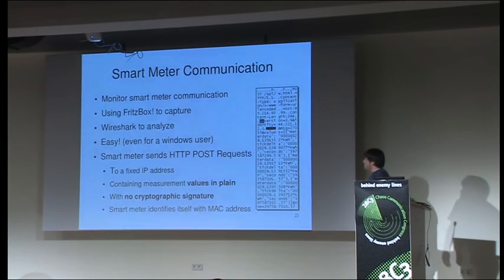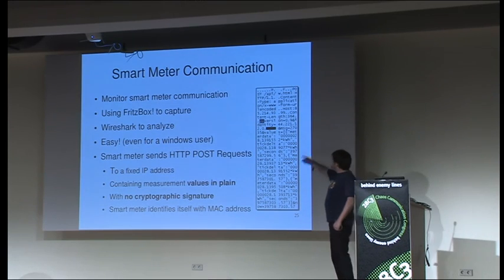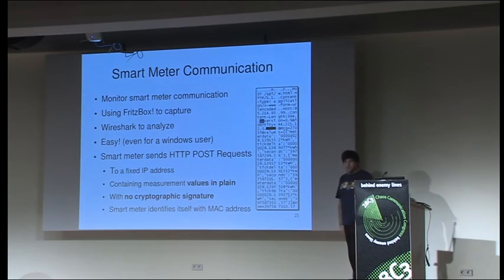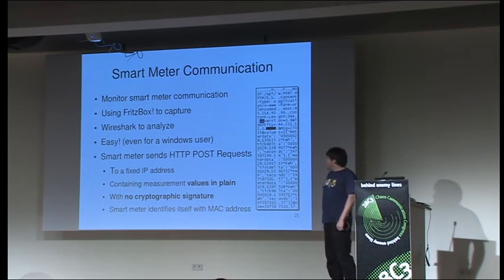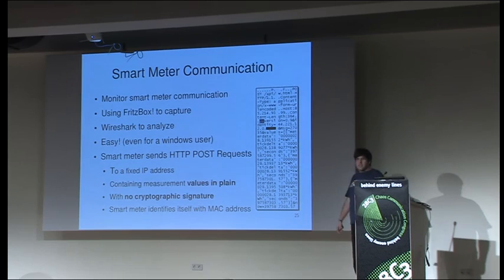And then you see that the smart meter sends HTTP POST requests. Here you see some requests. I hide the MAC address of the smart meter because it's my MAC address. You see it's sent to a fixed IP. It contains the measurement values in plain text.